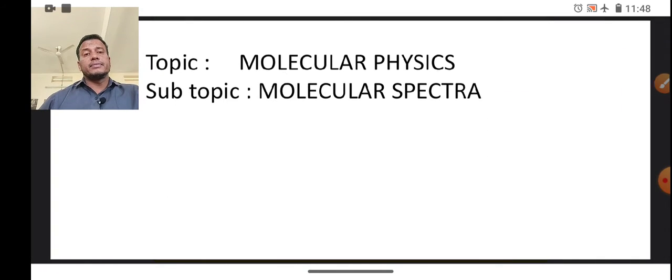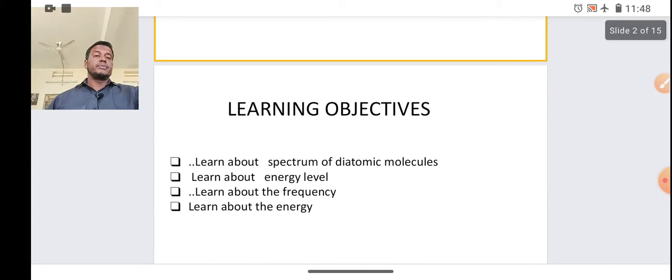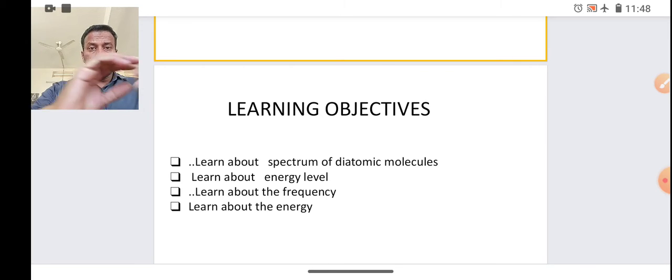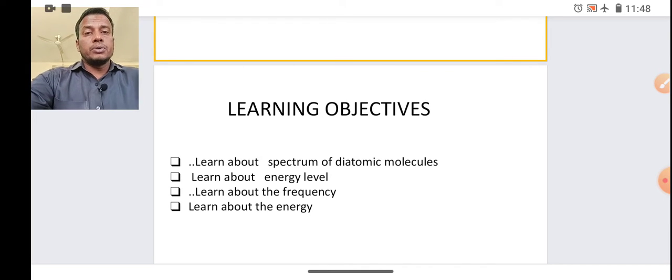Today we are learning about the spectrum of diatomic molecules: what a band is, how bands are formed, and how they are related and spread.